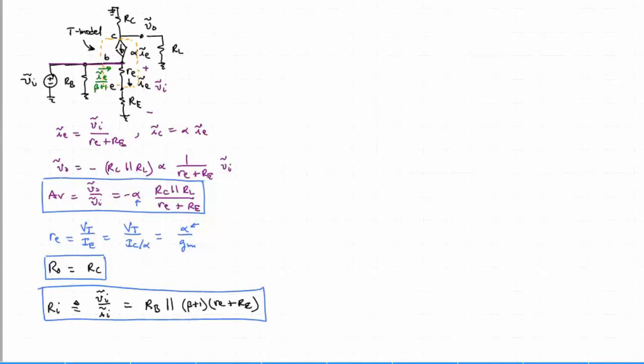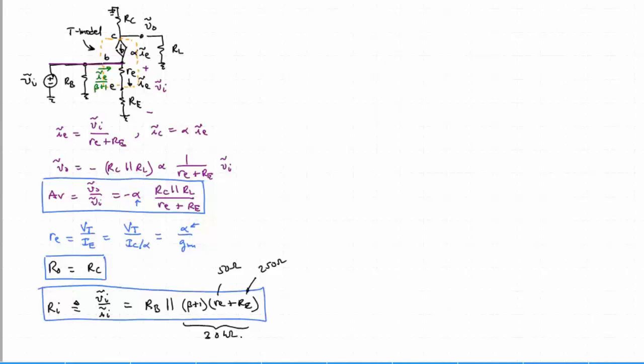So, for instance, if we found that little re was 50 ohms, and if we had made big RE, let's say, 250 ohms, and beta was 100, then this term here would be 300 times 100, so that would be 30 kilo ohms.